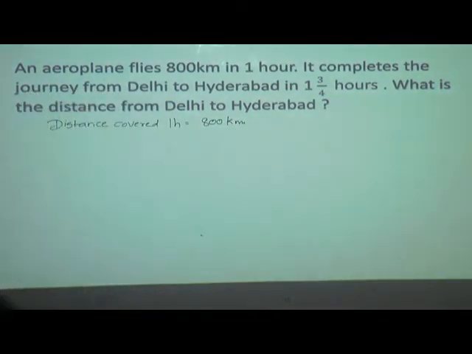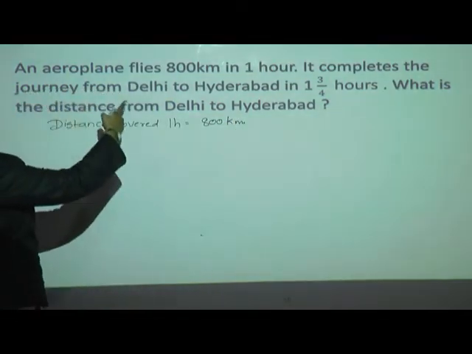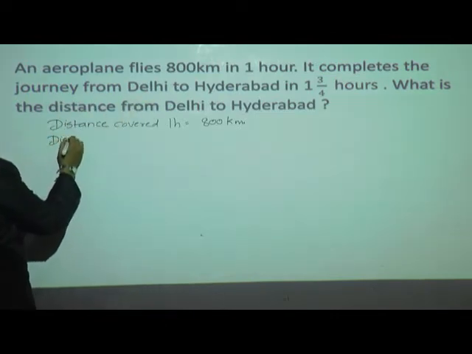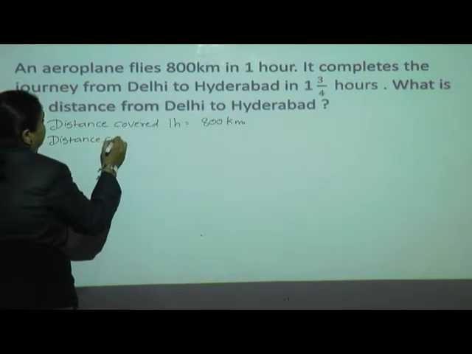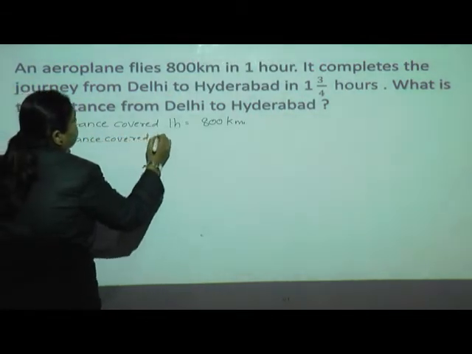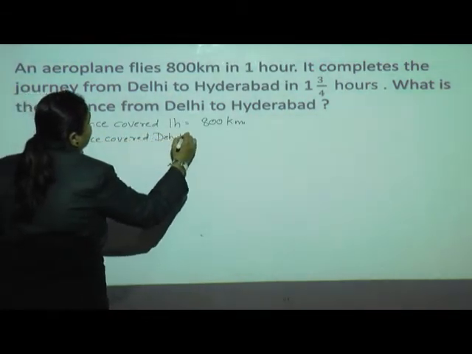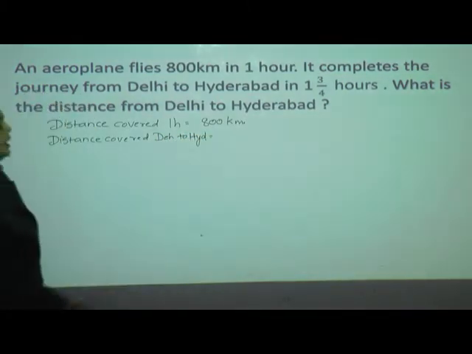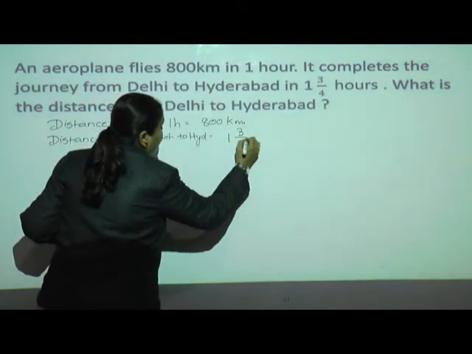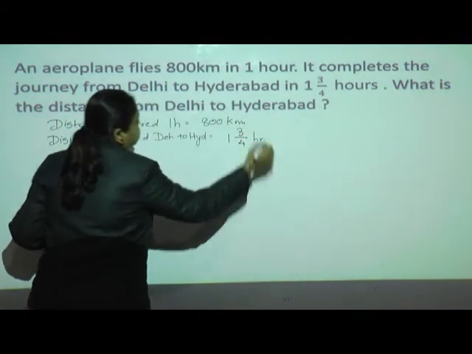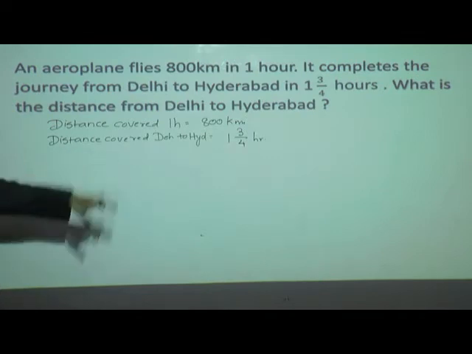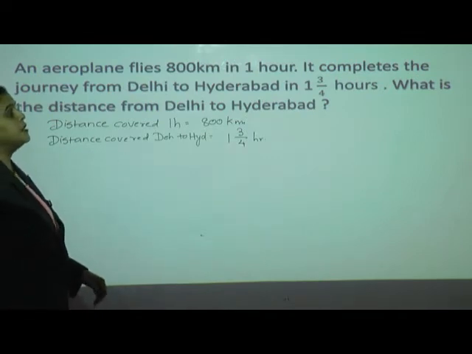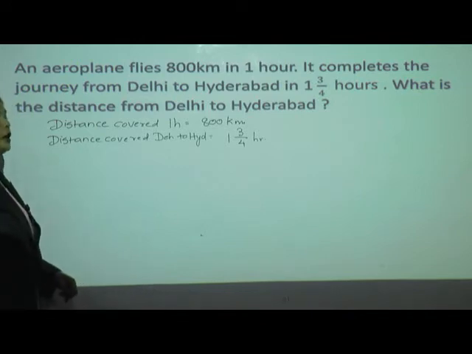Now we have to find out the distance covered from Delhi to Hyderabad, which I will write in short form, is given to us as 1 whole 3/4 hours. This is the distance covered. We have to find out what is the distance between Delhi and Hyderabad in kilometers.